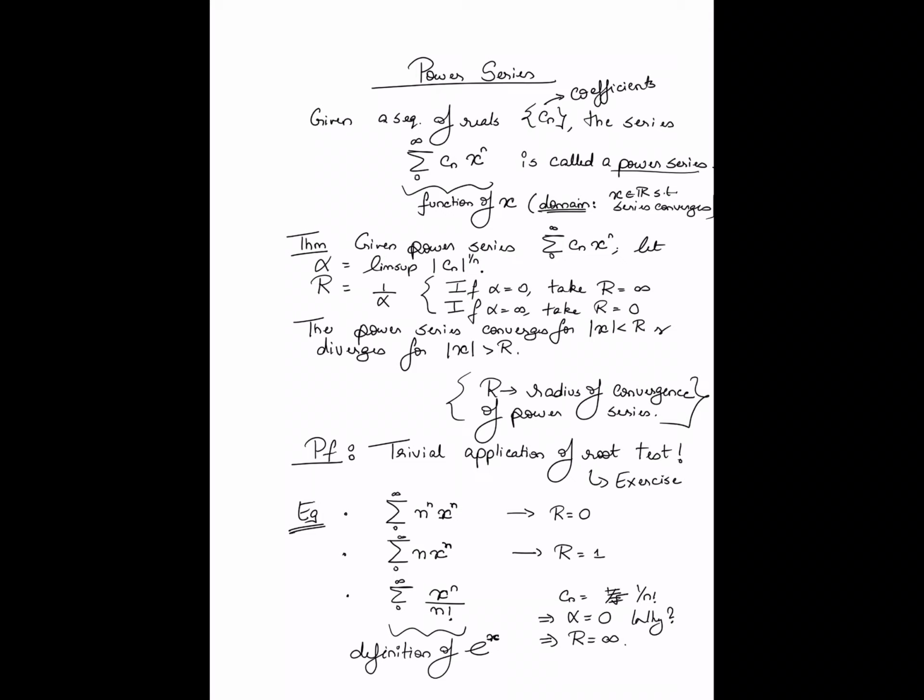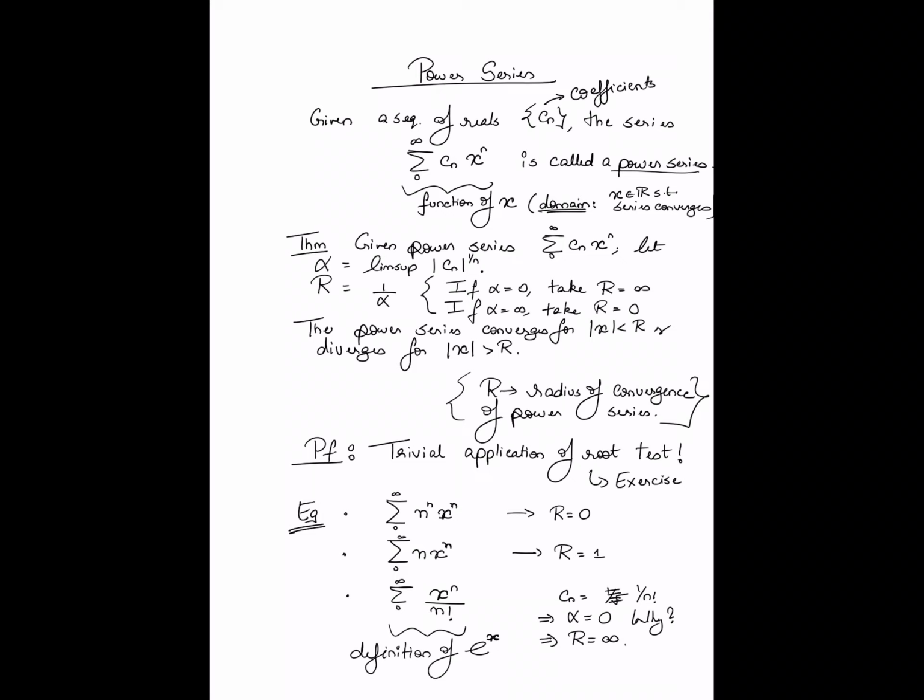So we will give a formal justification of this later, but at this point I'm just giving you this as an input, that this series which converges for every real valued x is in fact the definition of e raised to x. So we will have more to say about this later.